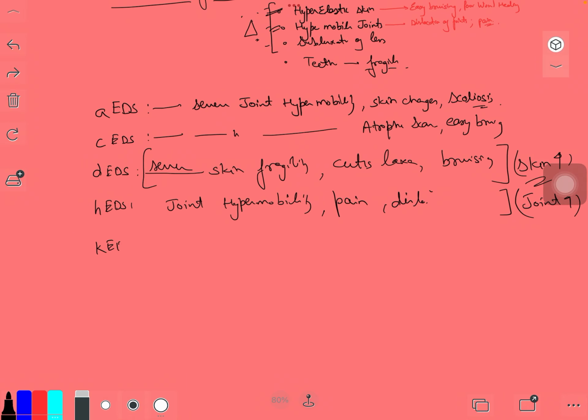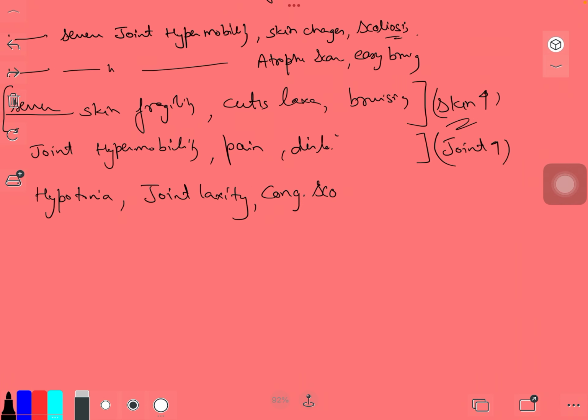Then the K type of EDS. The K type of EDS will have hypotonia. The tonicity decreases. Hypotonia, joint laxity will be there. There can be congenital scoliosis, congenital vertebral column problems, scoliosis, kyphosis, lordosis again, and ocular fragility. Remember dislocation, subluxation, ocular fragility.